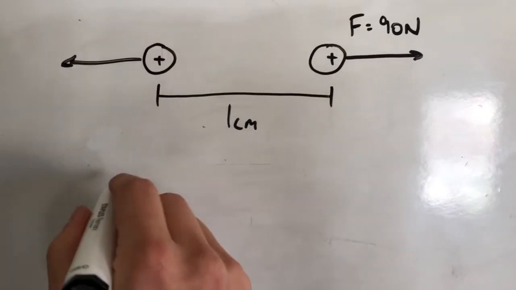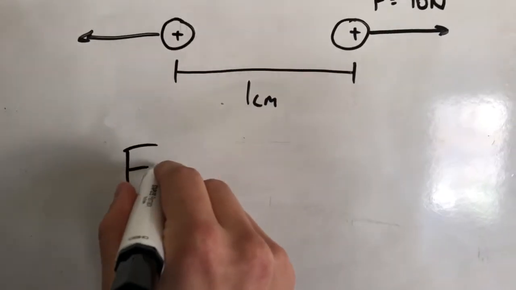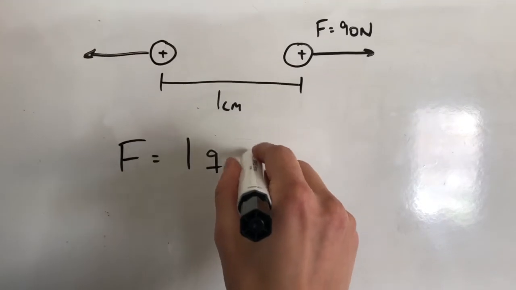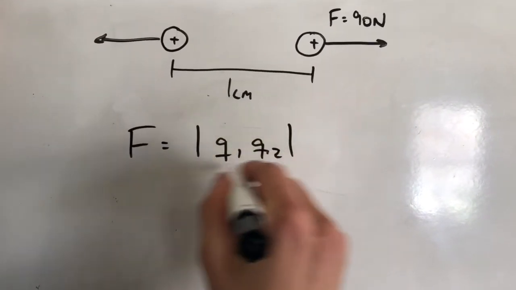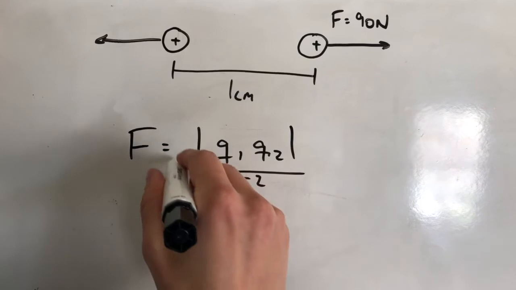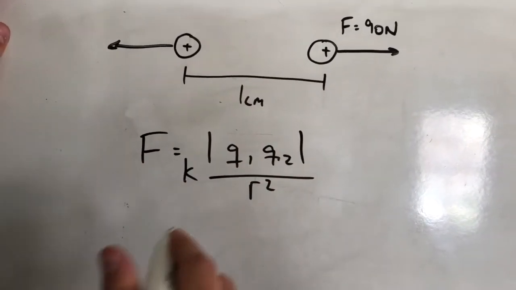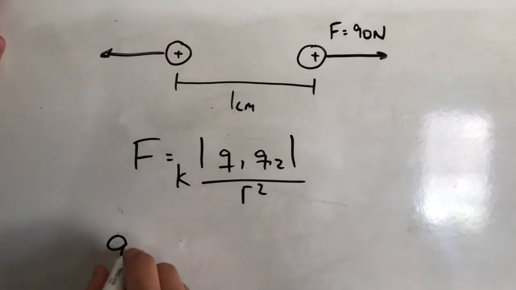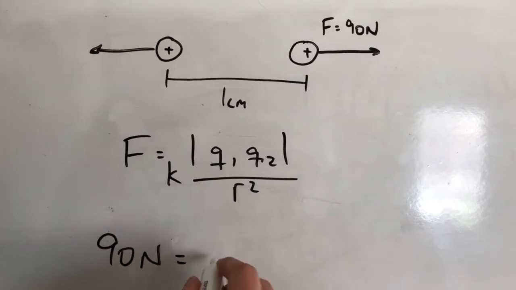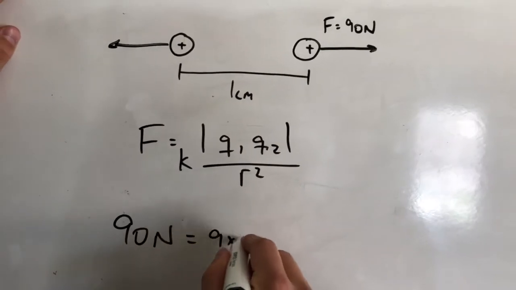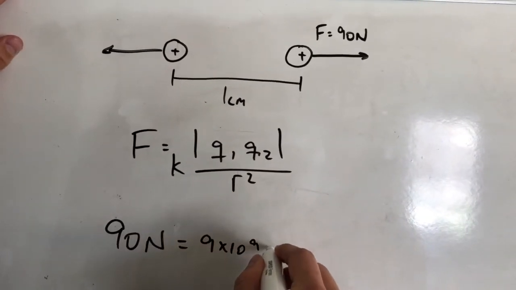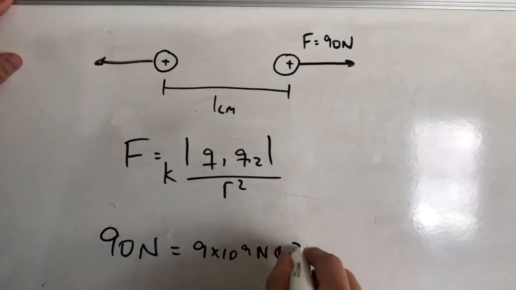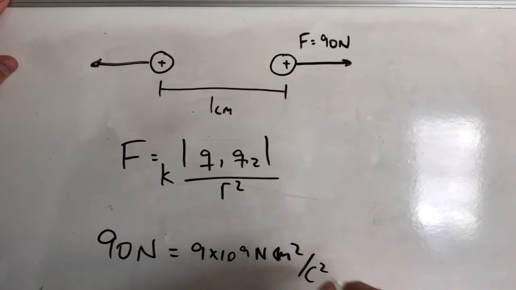So first we're going to set up our equation. So we have the force is equal to the absolute value of charge 1 times charge 2 over r squared. And of course we don't want to forget the Coulomb's constant in there. And so we know that the force is going to be 90 newtons. And we know K to be 9 times 10 to the 9, and that's newtons meters squared, almost wrote coulomb squared, over coulomb squared.